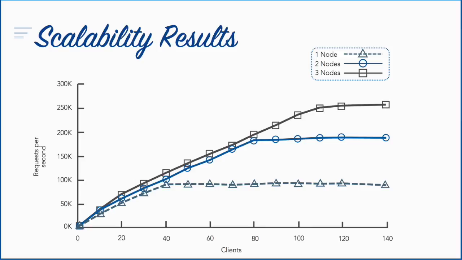So here we have displayed the results from the scalability test that they had run. This graph demonstrates 3 different types: a 1-node, a 2-node, and a 3-node.